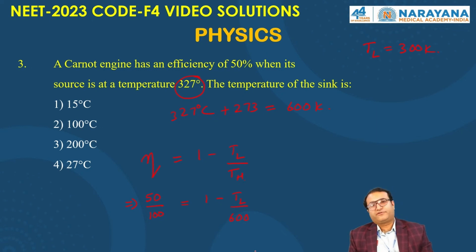We can convert it into degrees Celsius by subtracting 273. Temperature in degrees Celsius is 27 degrees Celsius. So we can simply say option number 4 is correct in this question.